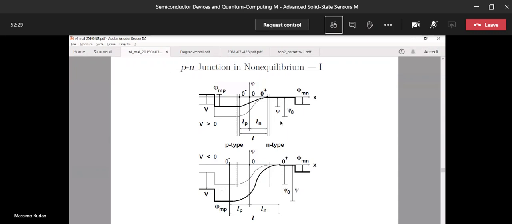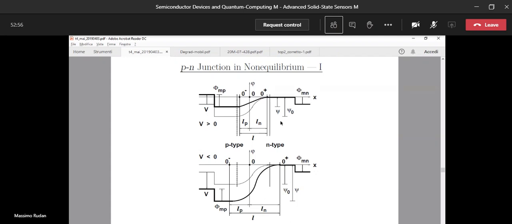So the potential drop across the space charge region due to the application of a direct bias is such that across the space charge region, the potential difference is smaller.